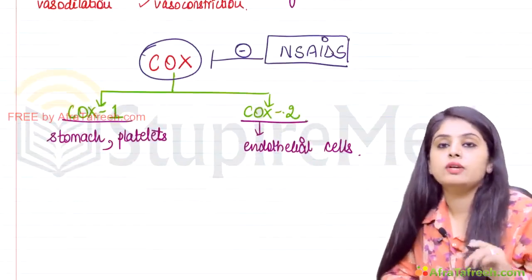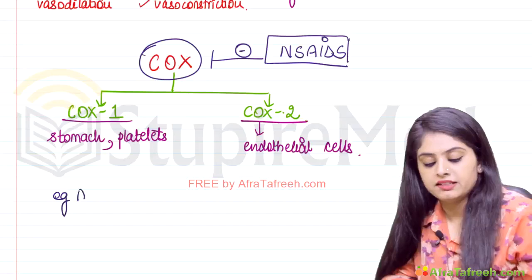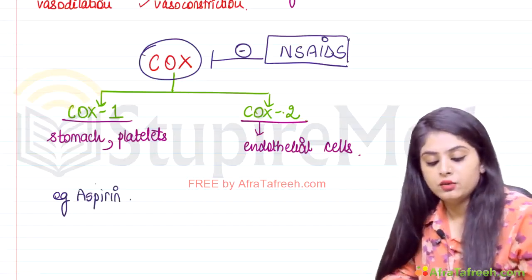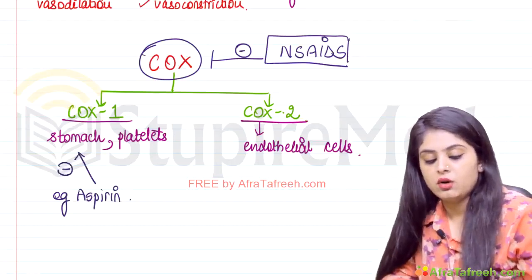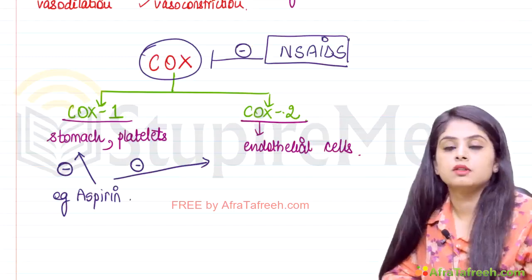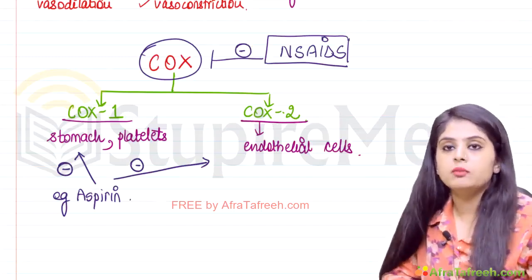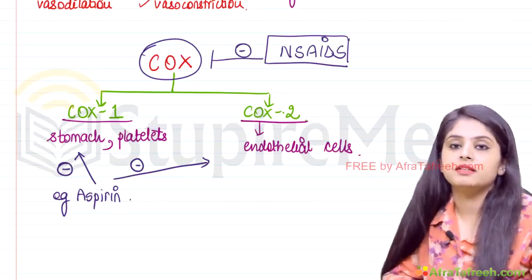Now remember, there are 2 categories. One are going to be, for example, aspirin. That is going to inhibit COX1 also and COX2 also. So both COX1 and COX2 inhibited, the mediators will not be formed, anti-inflammatory action will set in.